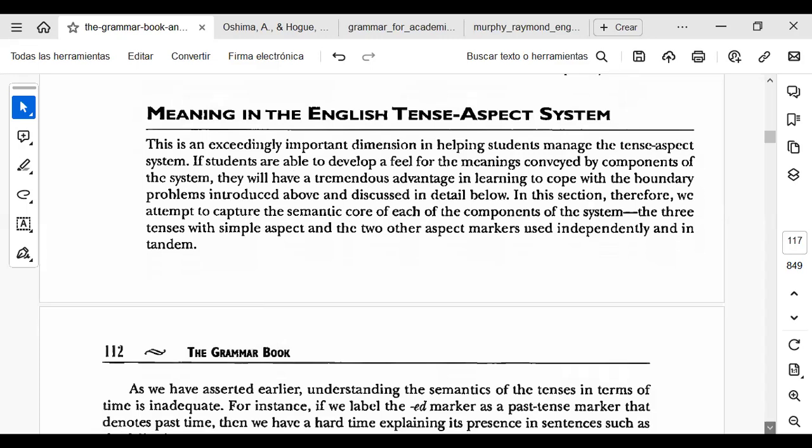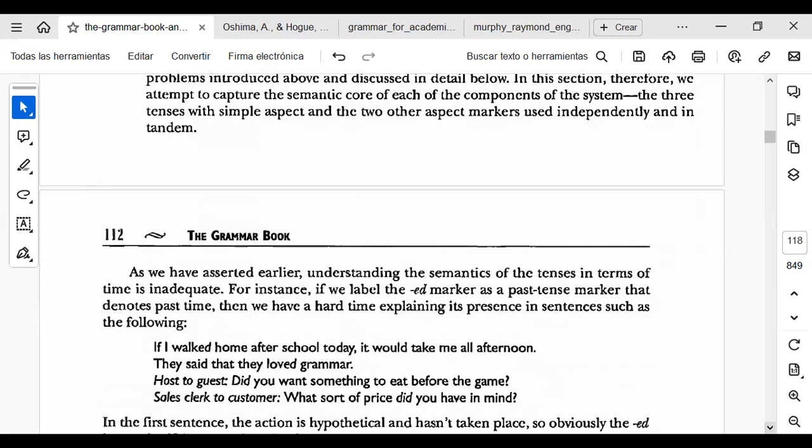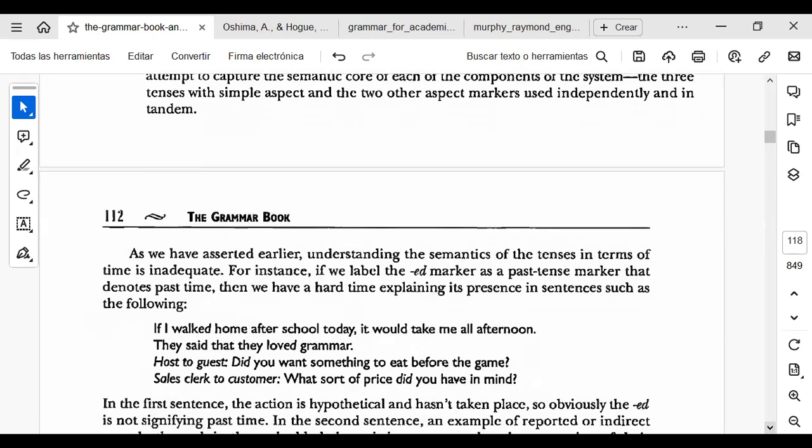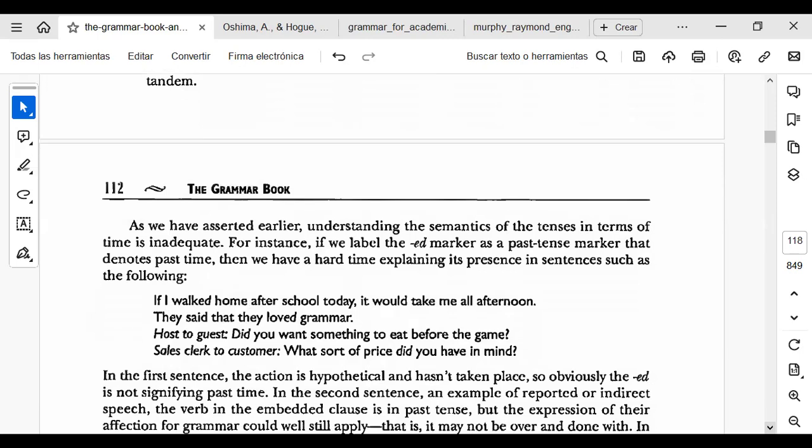If they understand very well how they work, they will learn a lot. In this case, for example, it's very important to understand the semantics of the tenses, not just in terms of time. It would be difficult to understand the tenses by just saying this is present, past, or future.